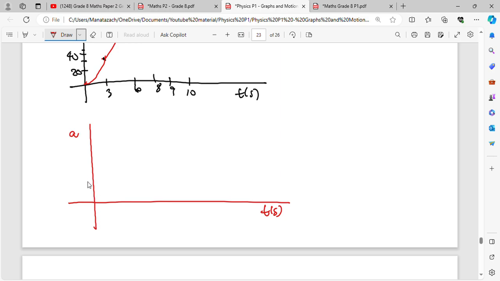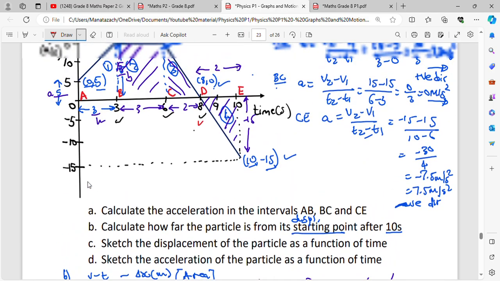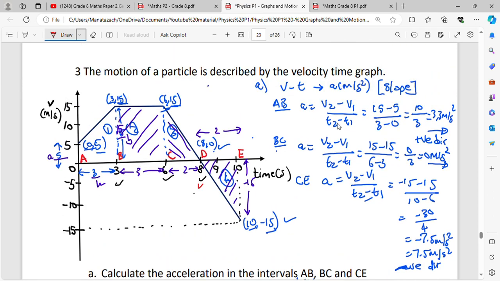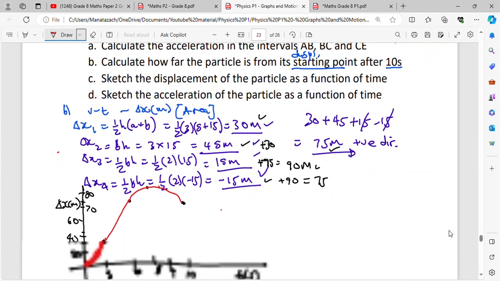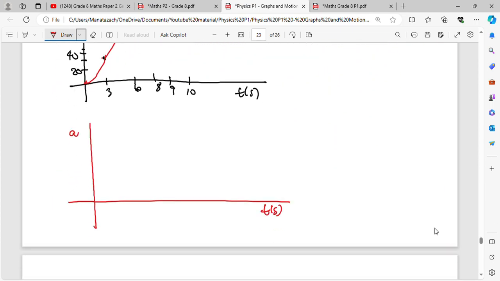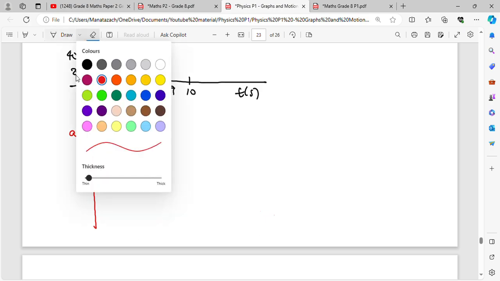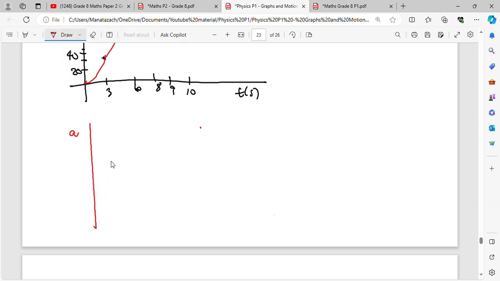So the acceleration, remember, we've already calculated the values. We got 3.3, and then we had 0, then we had minus 7.5. So let's make sure that you're able to accommodate all the values. Let's rather put the time axis right here.